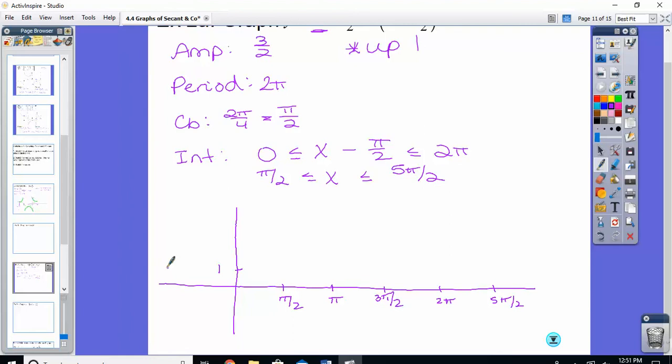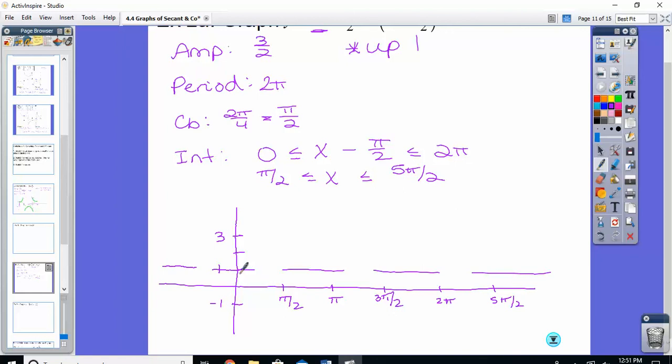We're going up 1, so at positive 1, I'm drawing a dashed line. My amplitude is 3/2. So we'll be going 1.5 above and below that line.